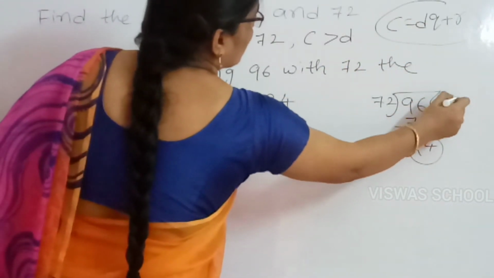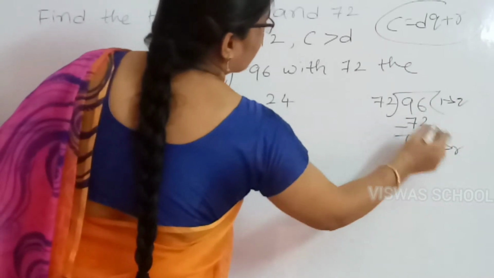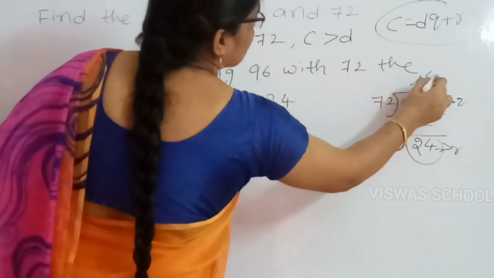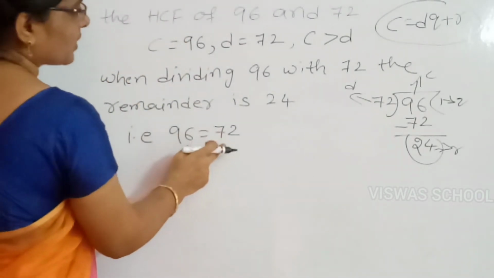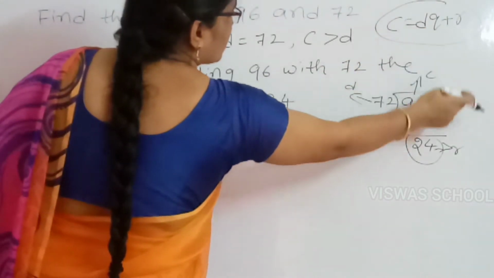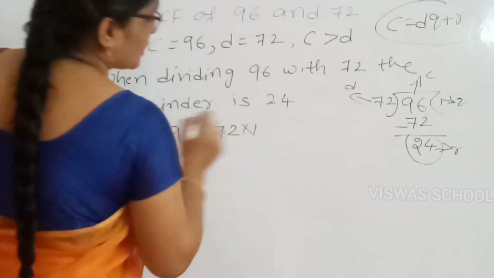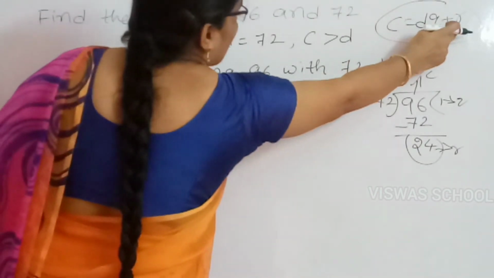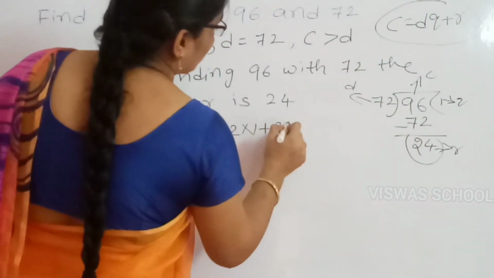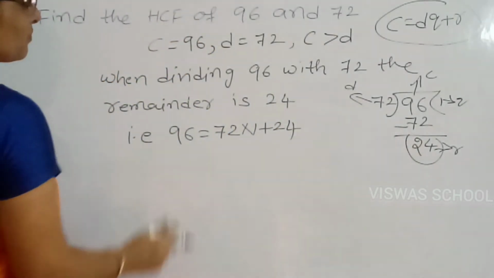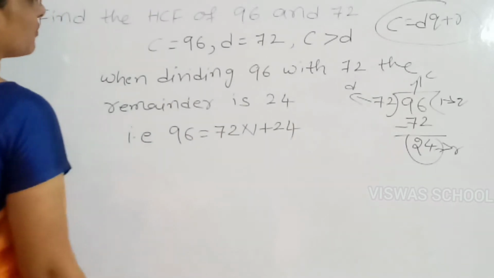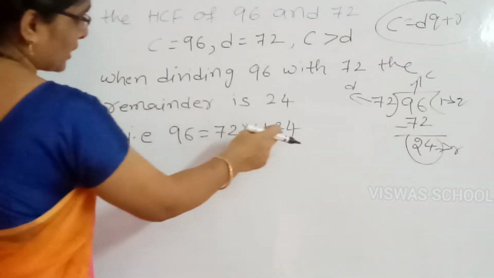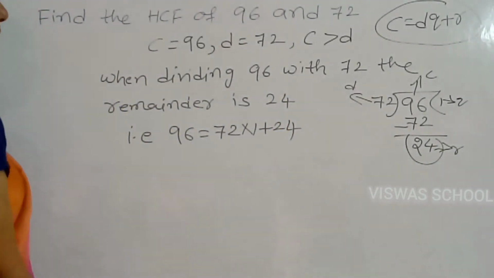This is quotient, and this is remainder, and this is C, and this is D. That is 96 equals 72 into Q. Q means 1. 72 into 1 plus R means what here? 24. 96 equals 72 into 1 plus 24. Here the remainder is 24. That's why we have to continue the process.